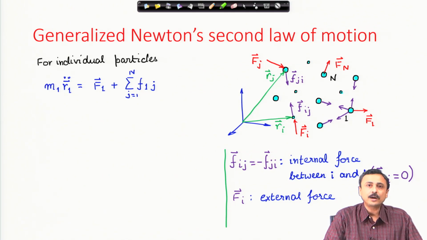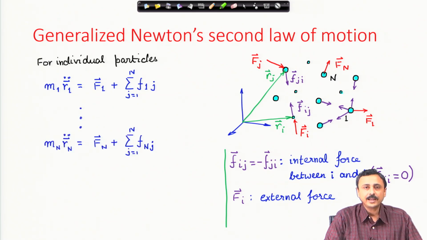From particle 2 to particle n, these are applying forces F_12 to F_1n. F_11 of course is 0. And like this, for the nth particle we have mass of the nth particle times acceleration of the nth particle equal to the external force on the nth particle plus summation of the internal forces because of the other n minus 1 particles, from 1 to n minus 1.